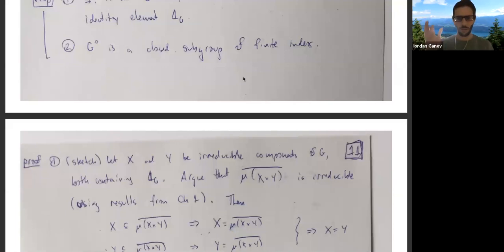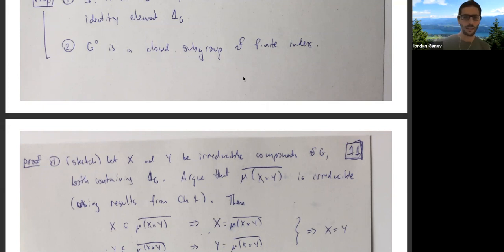I think this was one of the results I mentioned earlier today. I'm not gonna prove it, but it's actually just a point set topology thing. But the closure of the image of X cross Y is an irreducible component of G.